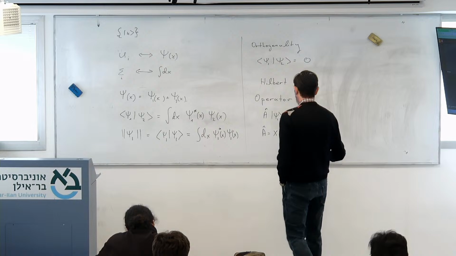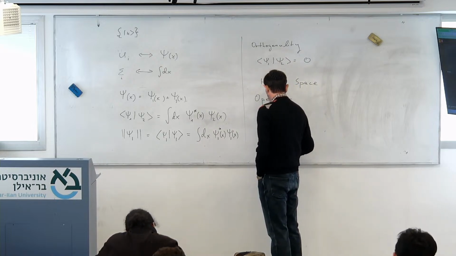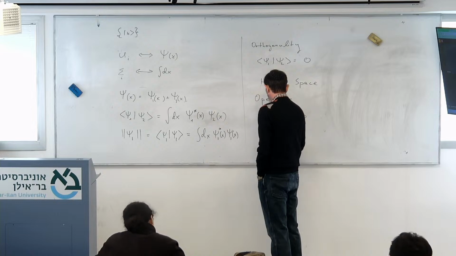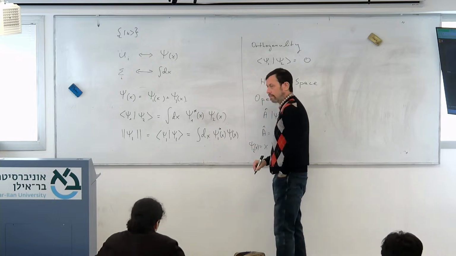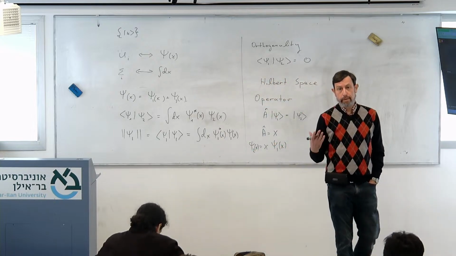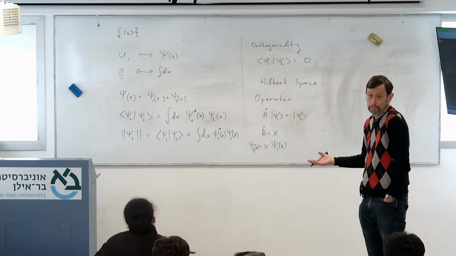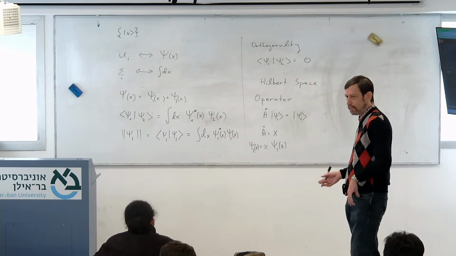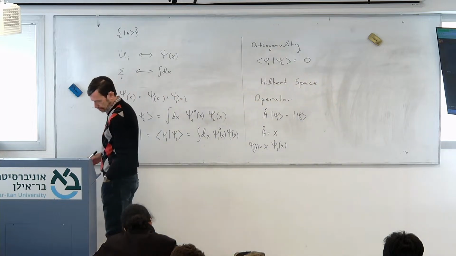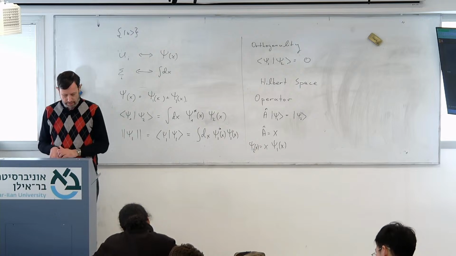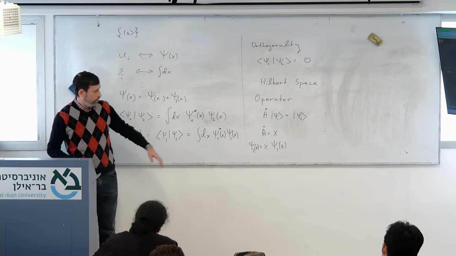So that's easy. If you multiply a function by x, you get another function, which is the result of this operator.